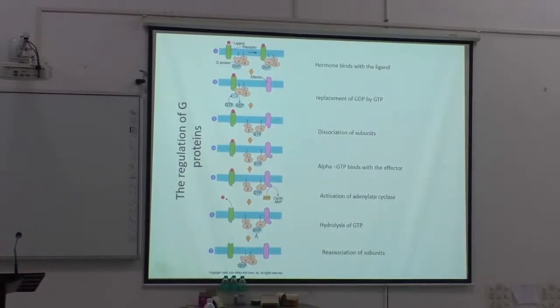How? The receptor usually has a 7 transmembrane domain. Hence it is called a 7-TM receptor.